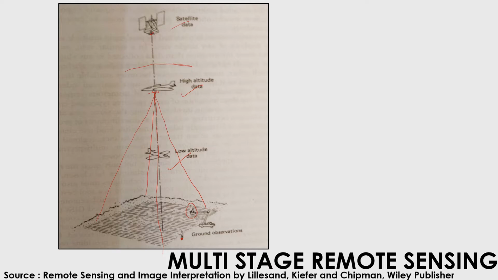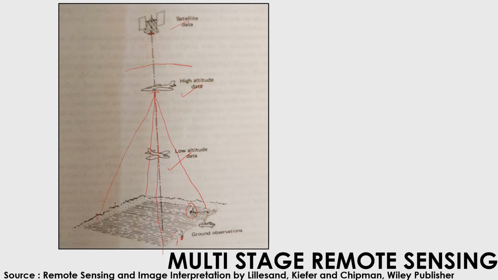Certainly, the most accurate image is captured when you are observing the field with your own eyes, but the span of capture will be very limited. This span will increase with the height at which the camera is placed.